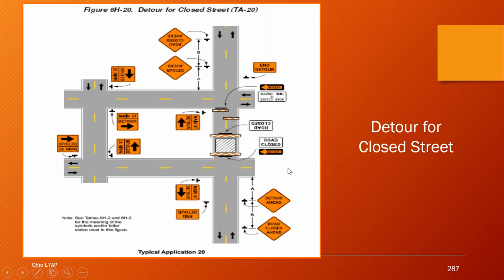This typical application number 20 walks you through the process of how to sign for the detour. If you start down here at the bottom of the page, for instance, and read these signs, it walks you through getting your detour around this closed street. And of course, there's a notes page associated with that as well.